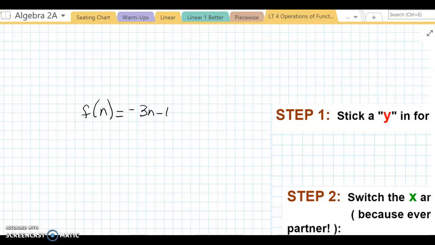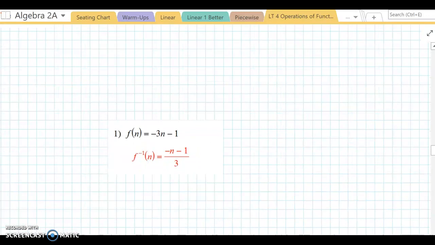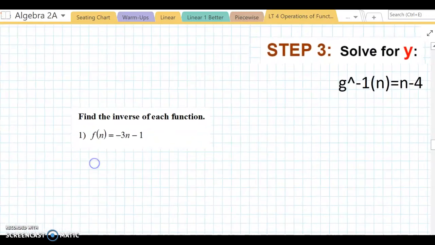Okay, so I'm going to assume you paused the video and you either got an answer like that or close to that. Another answer you could have gotten would be negative n over 3 minus 1/3. Means the same thing. So give yourself a pat on the back, or let's find out where you had trouble. So here we go. Step 1, replace this with a y.